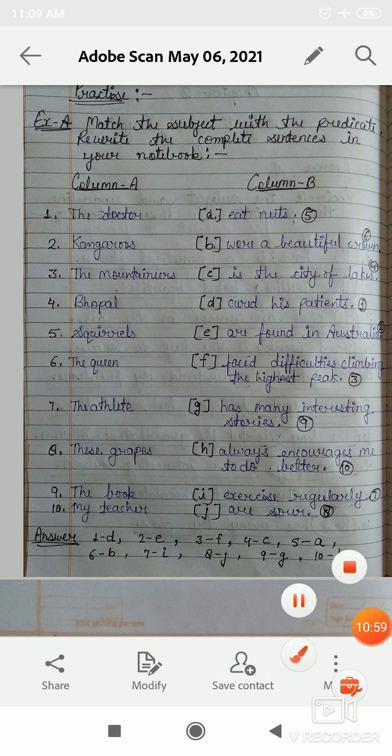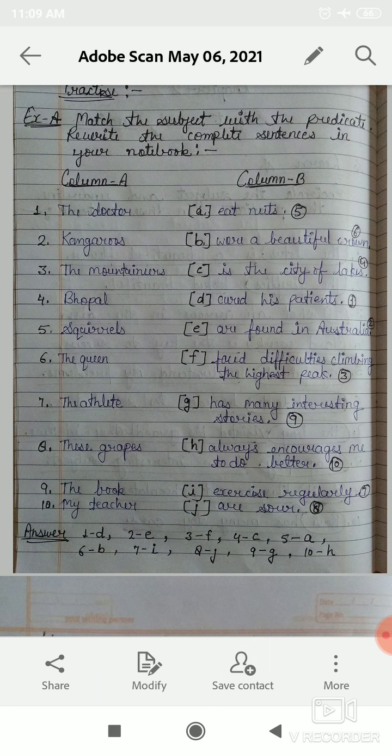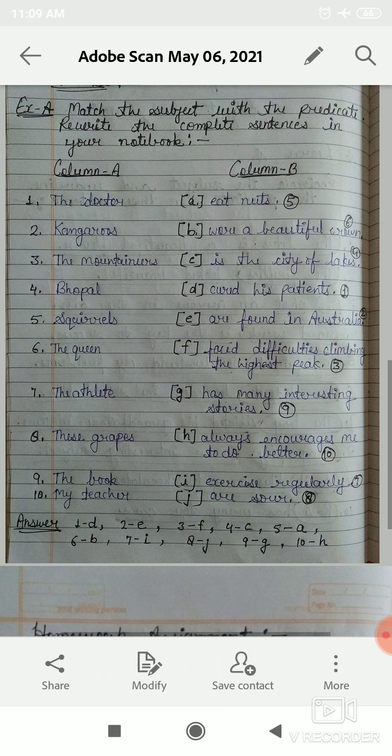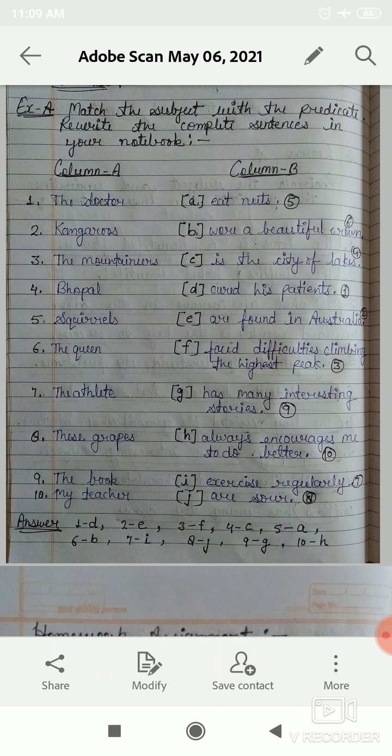Number 1 is the doctor. The doctor is... so students, tell me what the doctor is. The doctor is a subject and you have to select the correct predicate to match the doctor to make meaningful sentences. Okay, so students, can you tell me which predicate will match the doctor?